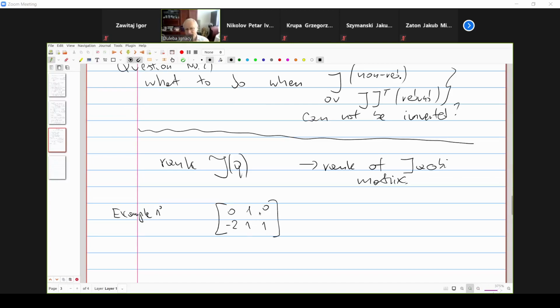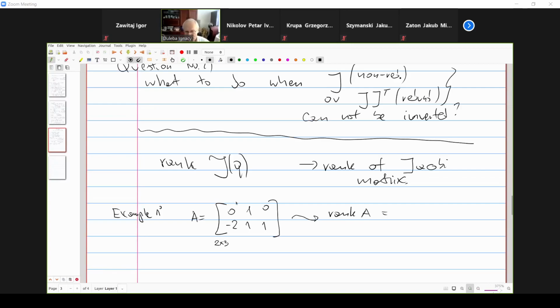So I have a matrix, and the question is, what is the rank of this matrix? Let's call this matrix A, for example. What's the definition of rank? So this matrix is, as you can see, 2 by 3.